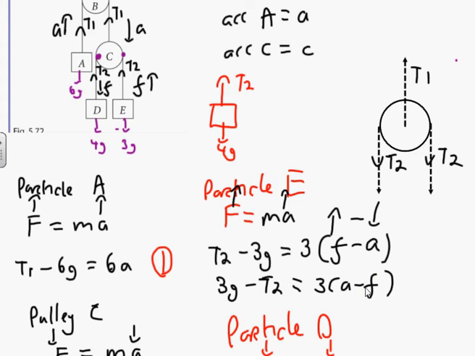No, F is minus F. If it's going down, oh sorry, what I'm trying to say is overall it's going down. So A is going down, and opposing its downward acceleration is an acceleration up of F. Remember I said that particle E is a combination of A bringing it down and F bringing it up.